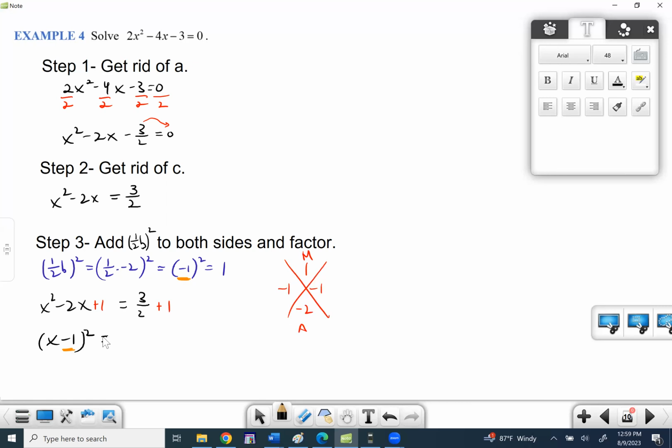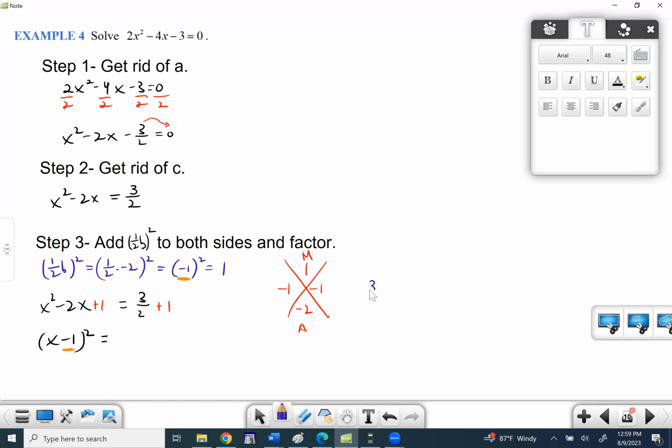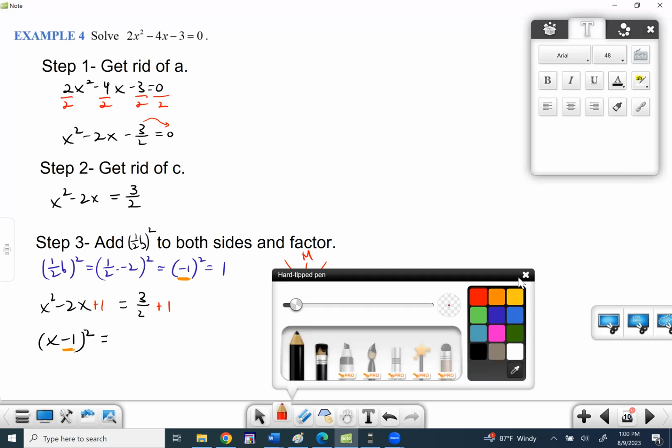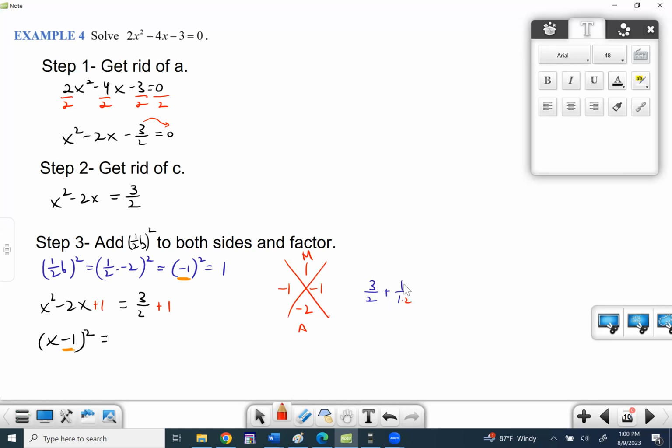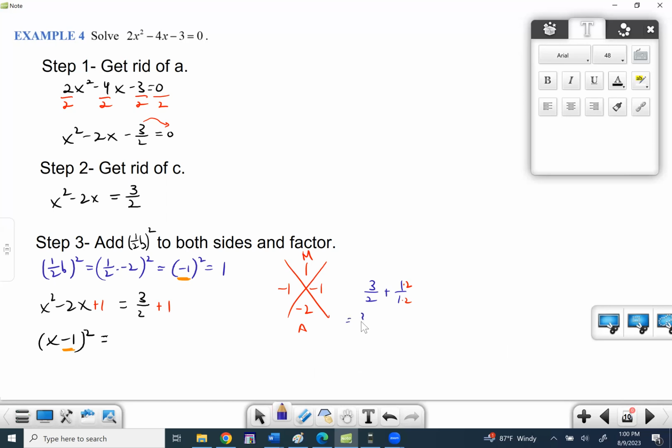All right, so to do the 3/2 plus 1, let's just quickly do that off to the side, or you can use your calculator, right? 3/2 plus 1/1. I need to multiply by 2's. So it'll become 3/2 plus 2/2. So it's going to become 5/2.